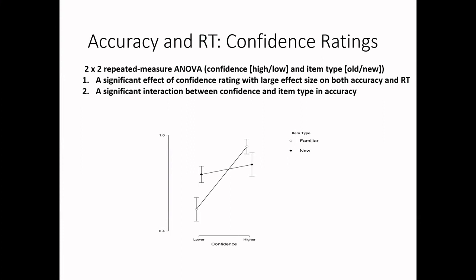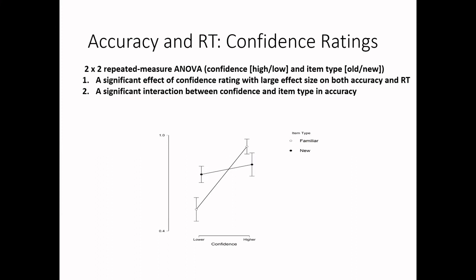Now, the second research question asked about the relationship between accuracy and reaction time measures from LLAMA-D and the confidence ratings. I ran a 2x2 repeated measures ANOVA, confidence rating high and low, and item type old and new. I found a significant effect of confidence ratings with large effect size on both accuracy and reaction time, which suggests that higher confidence rating was associated with higher accuracy and faster speed on the test items.